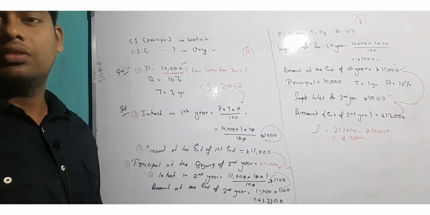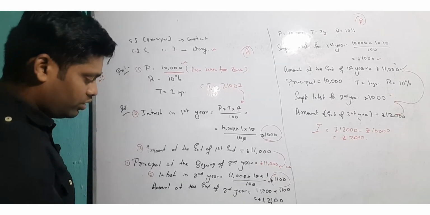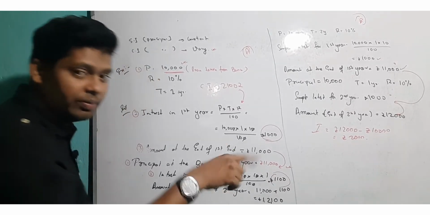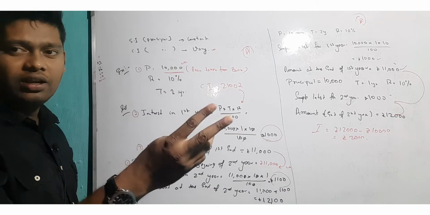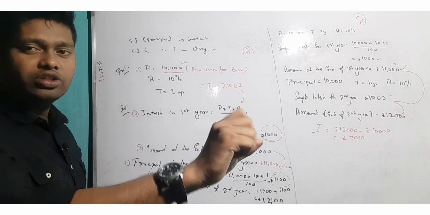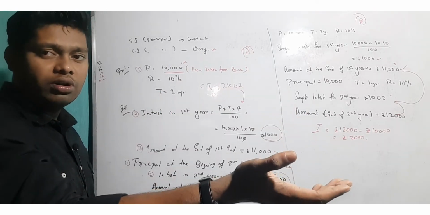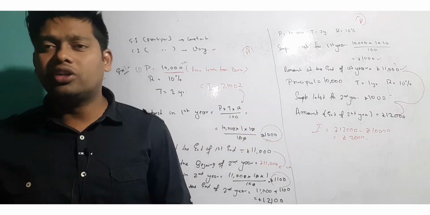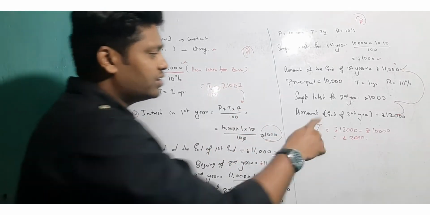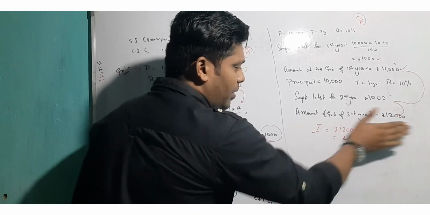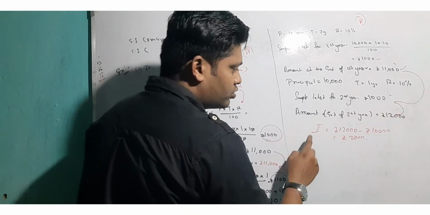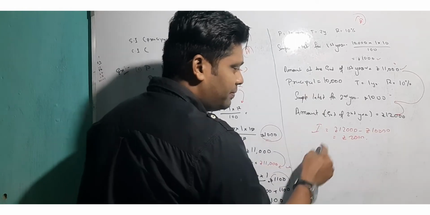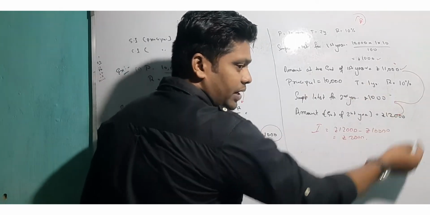Okay, for 3 years, the amount at the end of second year will become the principal of the third year. So again I will calculate the interest for the third year, again there will be an amount, then I will find the compound interest. In simple interest for 3 years, this part will not be there. Okay, so again principal will be the same, time 1 year, rate 10%.